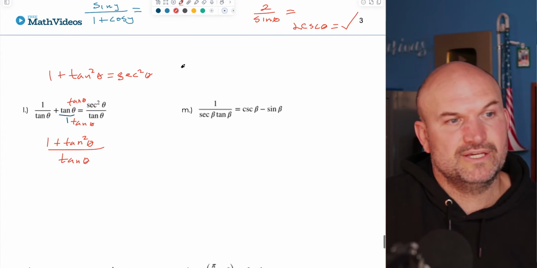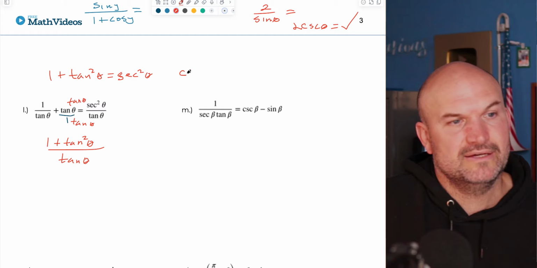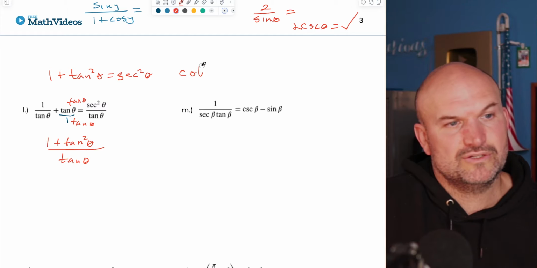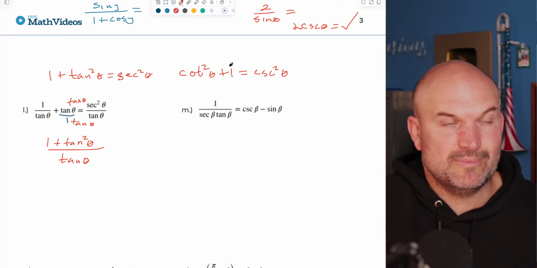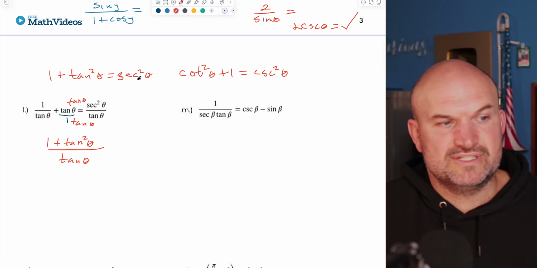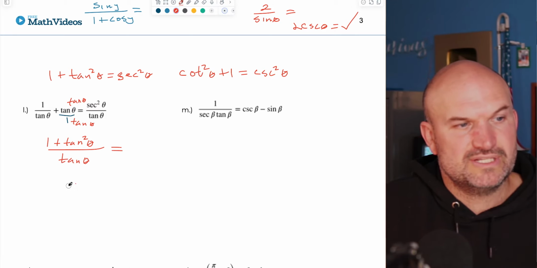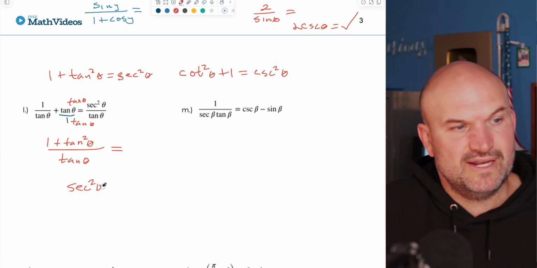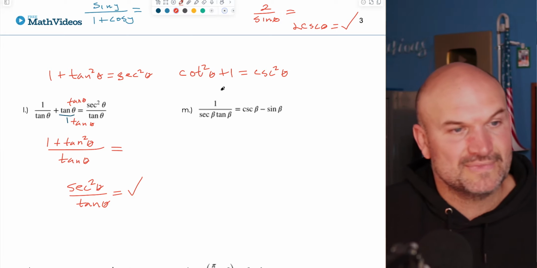And then also the other one is going to be a cotangent squared of theta plus 1 is equal to a cosecant squared of theta. So remember also those two trigonometric identities. So 1 plus tangent squared of theta, we know it's equal to secant squared. So in this case, we have a secant squared of theta divided by a tangent of theta. And voila, ladies and gentlemen, we are good.